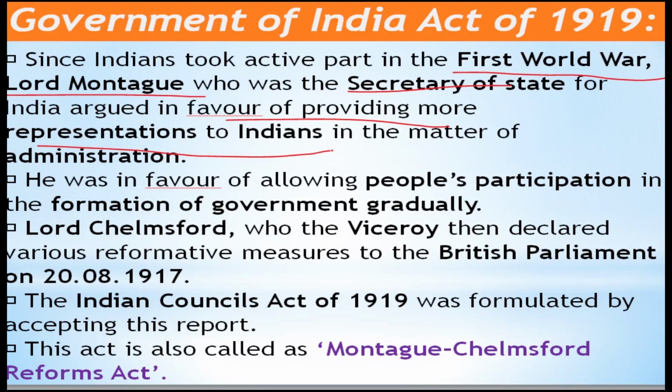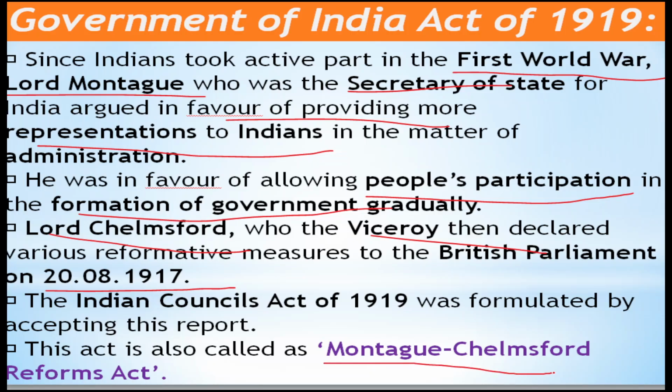He was in favor of allowing people to participate in the formation of the government. So Lord Chelmsford, the Viceroy at that time, declared various reformative measures to the British Parliament in 1917. The Indian Councils Act of 1919 was formulated by accepting this report. This act is also called the Montagu-Chelmsford Reform Act.